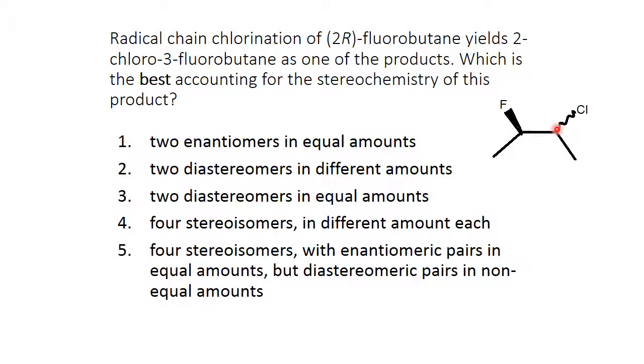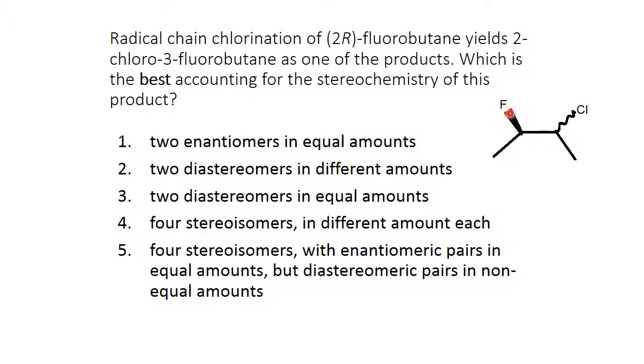Well, this carbon is unaffected by the reaction because the free radical would be right here, and the chlorine would pop on. But a free radical can invert back and forth. You don't have any preferential stereochemistry with the free radical reaction. So we're going to get both the R and the S chloro adduct.